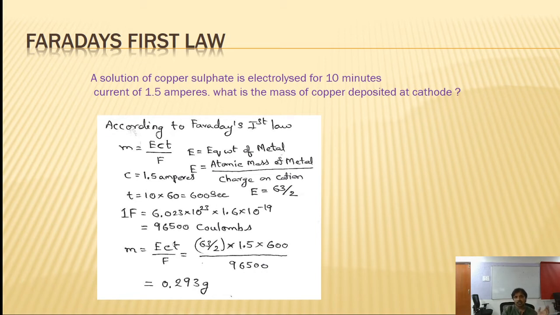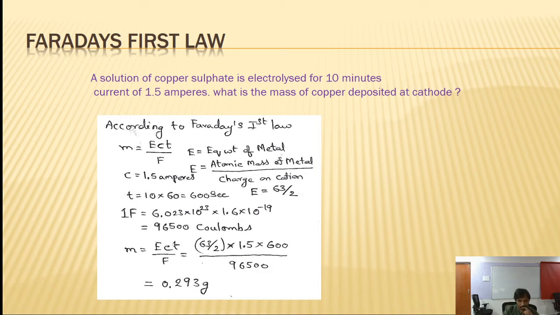Here, the atomic mass of copper is 63 and the charge on copper is plus 2. So 63 by 2 is the equivalent weight of the copper.